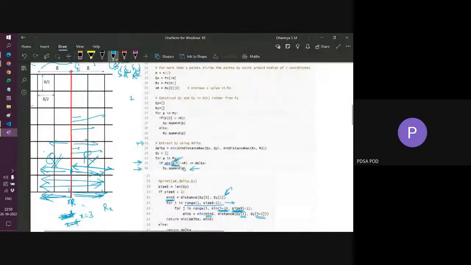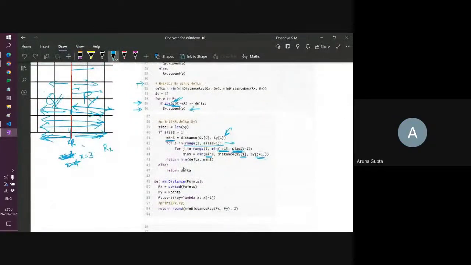So in this we are doing this comparison only 15 times, right, ma'am? At most 15, yes.